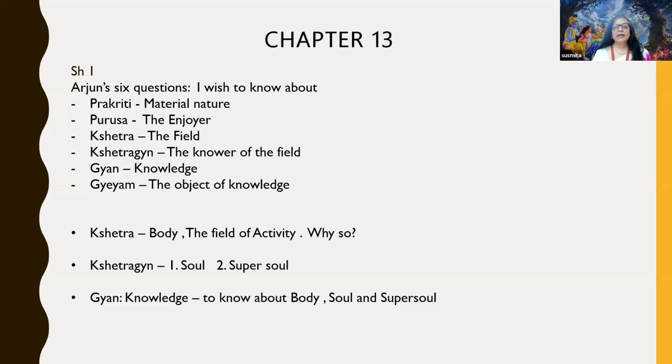Now Krishna explains Kshetra, Kshetragya, and Gyan in the first 7 shloks. He says Kshetra is this body, the field of activity. Why does he compare our body to the field of activity?